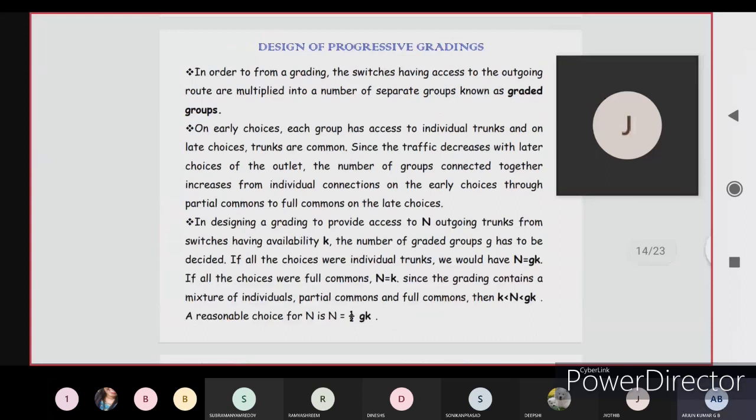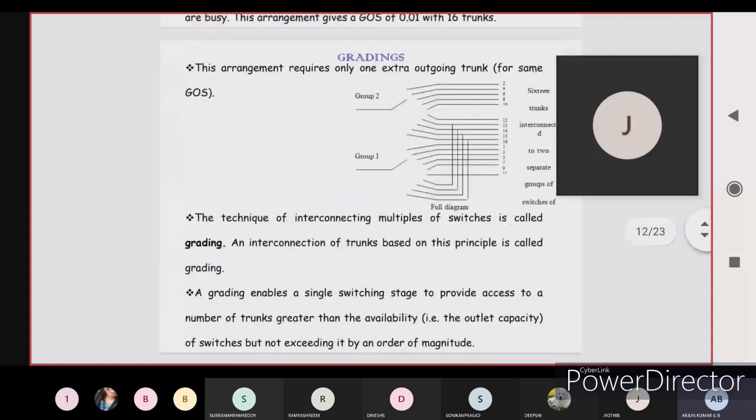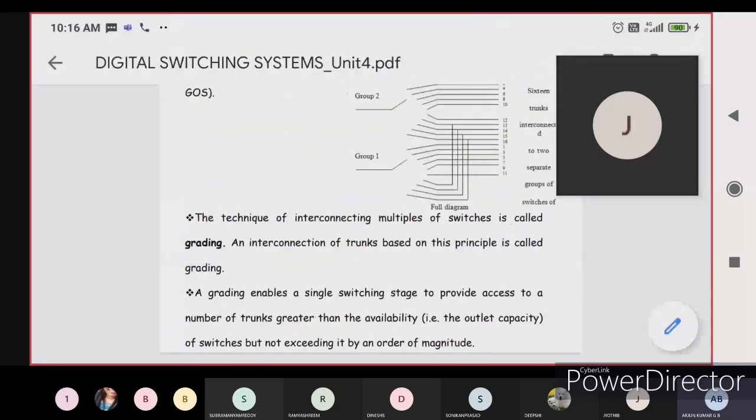In a group there is full common or partial common. Full common means the lines. In the figure I am showing here, there are 6 lines. The 6 lines are fully dedicated for group 1. We can see in group 1 the dedicated lines, which are 1, 3, 5, 7, 9 and 11.